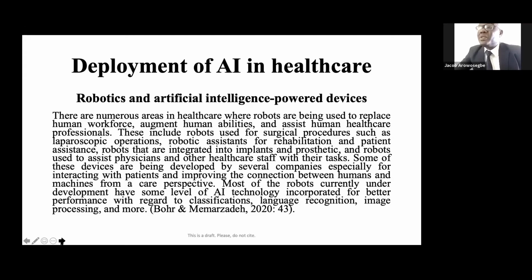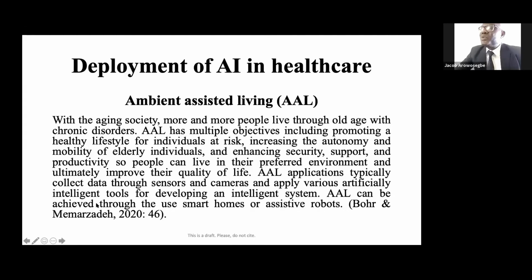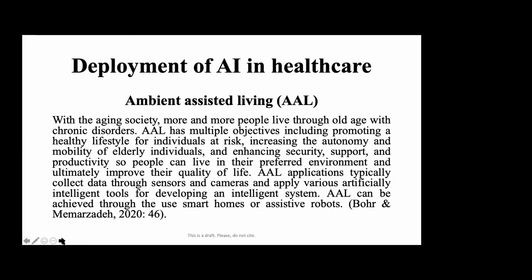And then next is what is termed ambient assisted living. With the aging society, more and more people live through old age with chronic disorders. Ambient assisted living has multiple objectives, including promoting a healthy lifestyle for individuals at risk, increasing the autonomy and mobility of elderly individuals, and enhancing security, support, and productivity, so people can live in their preferred environment and ultimately improve their quality of life.